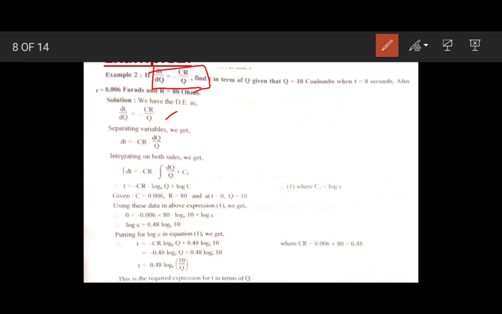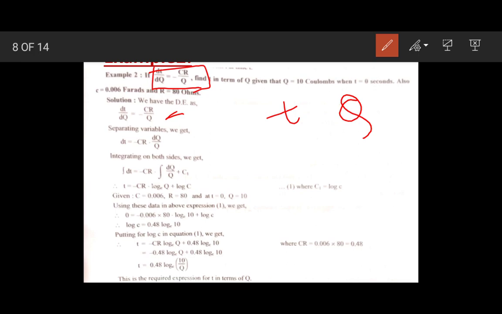This equation is already given. Being an engineer, first you have to derive this equation and then solve it. Here it is already given, so which method are we going to use? We can easily separate the variables. t is the dependent variable and q is the independent variable.